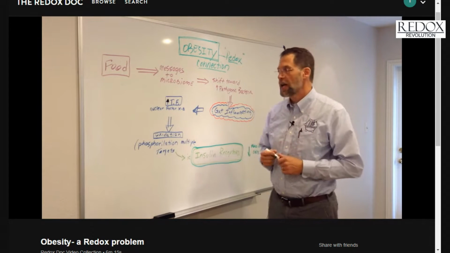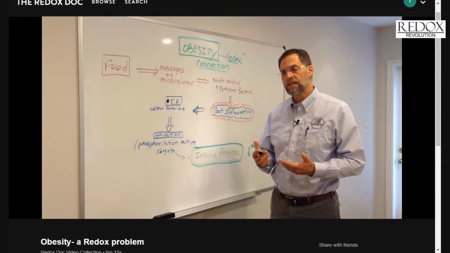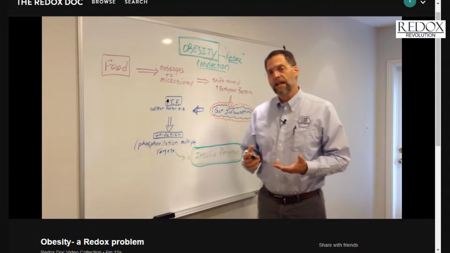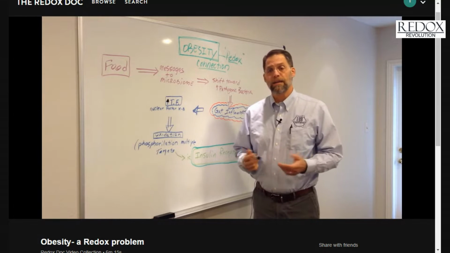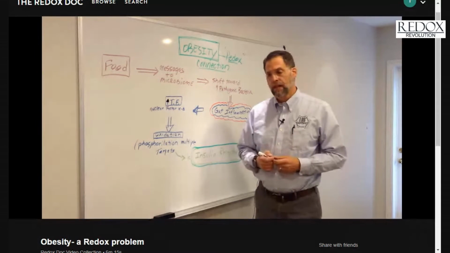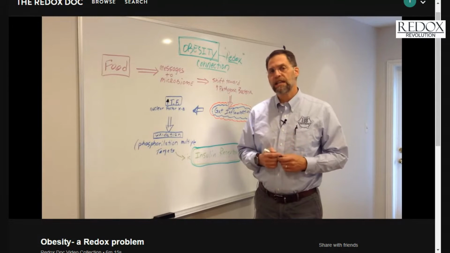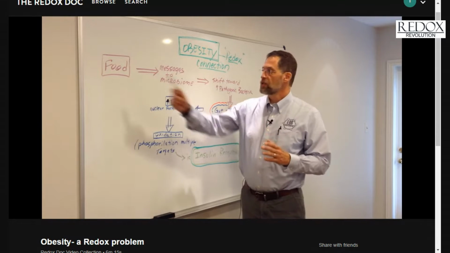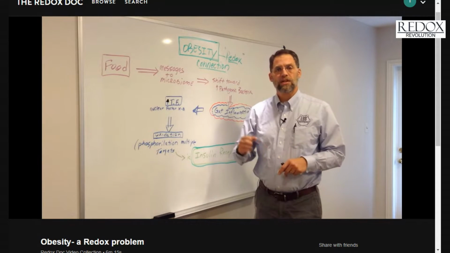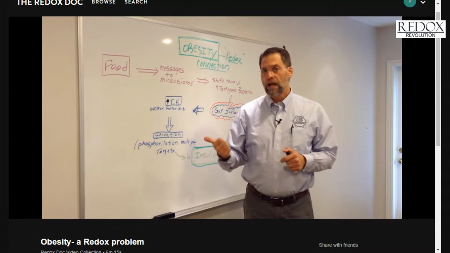So here's how our problem with obesity kind of works. As you know, we've got an epidemic going on in America. We lead the world in industrialized countries for obesity. And the epidemic of obesity began roughly in the 1970s with changes to our food. Those changes included the introduction of corn syrup in soda pop and other food items.